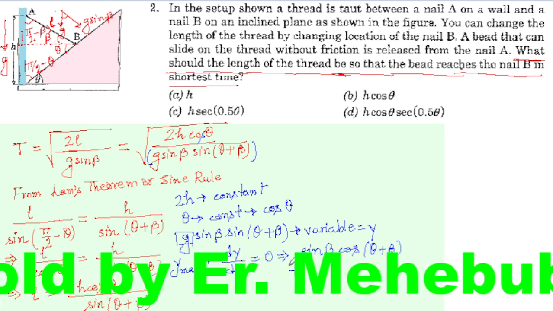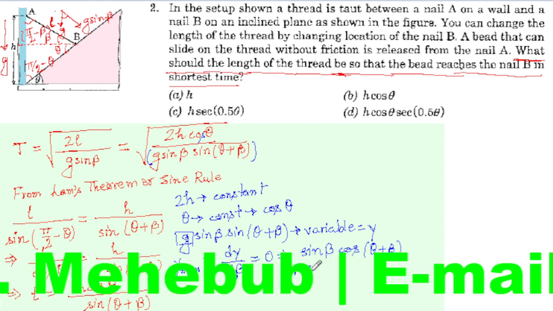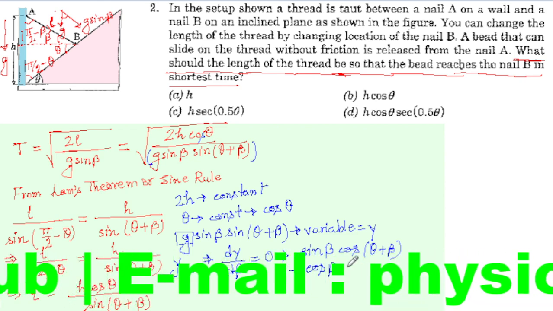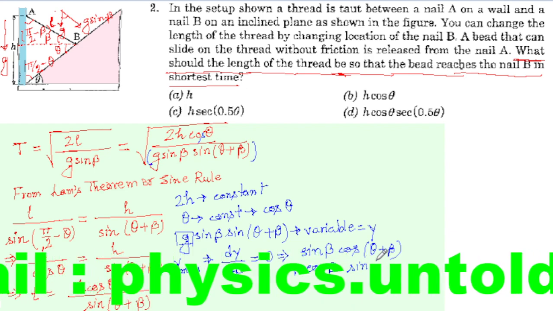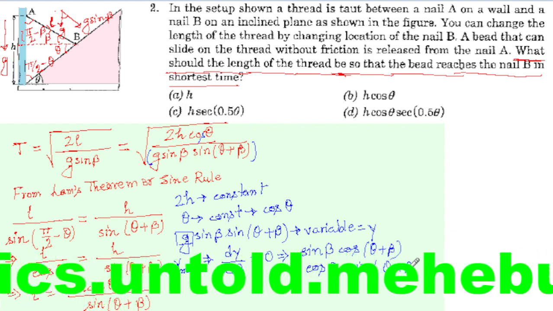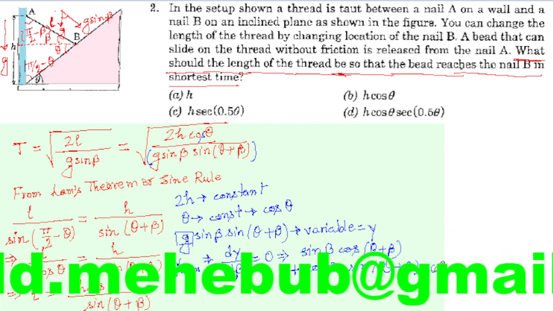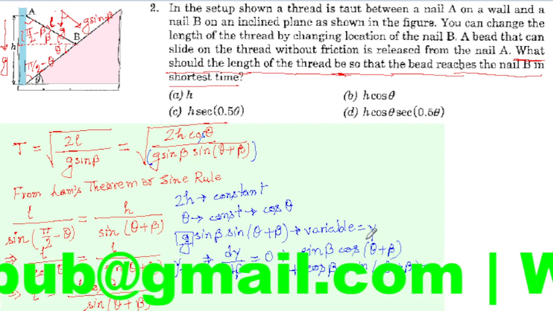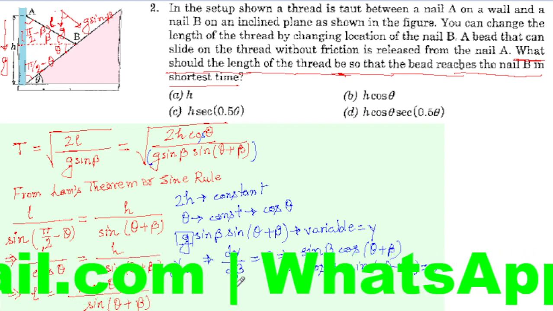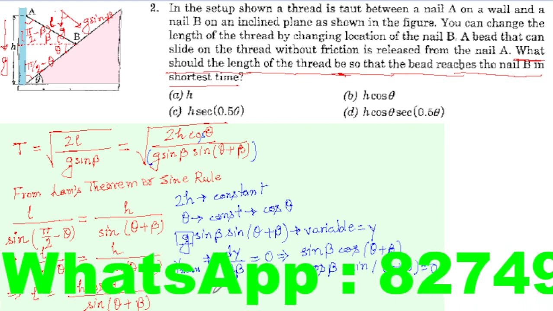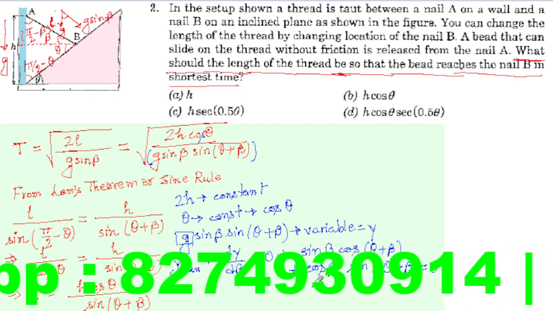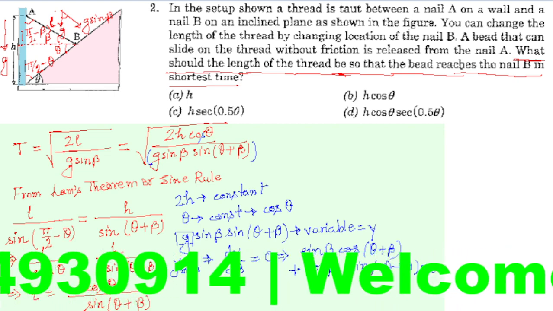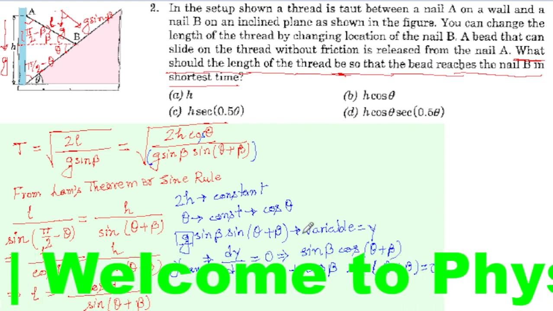Now we can write this expression as equal to cos beta into sine theta plus beta, which must be set as 0 for finding the maximum value of y. So if we are willing to find the maximum value, we have to set this equation as 0.